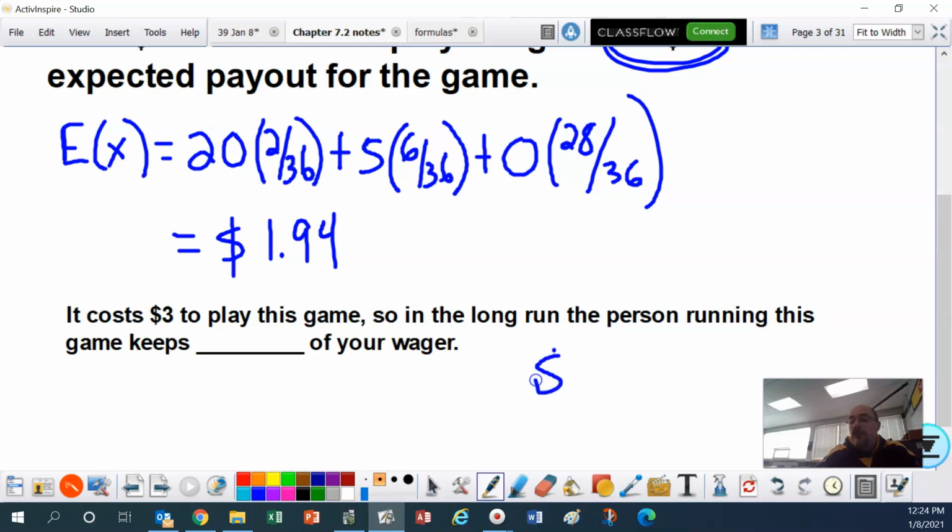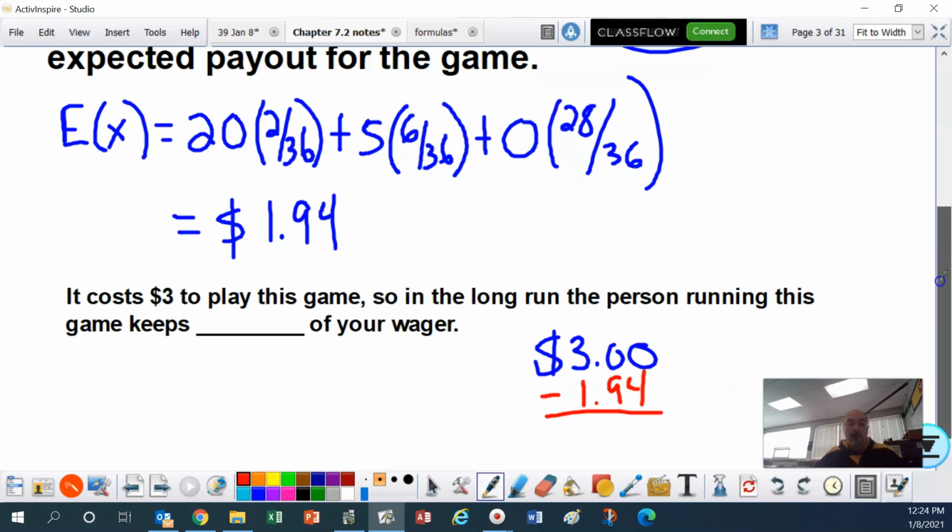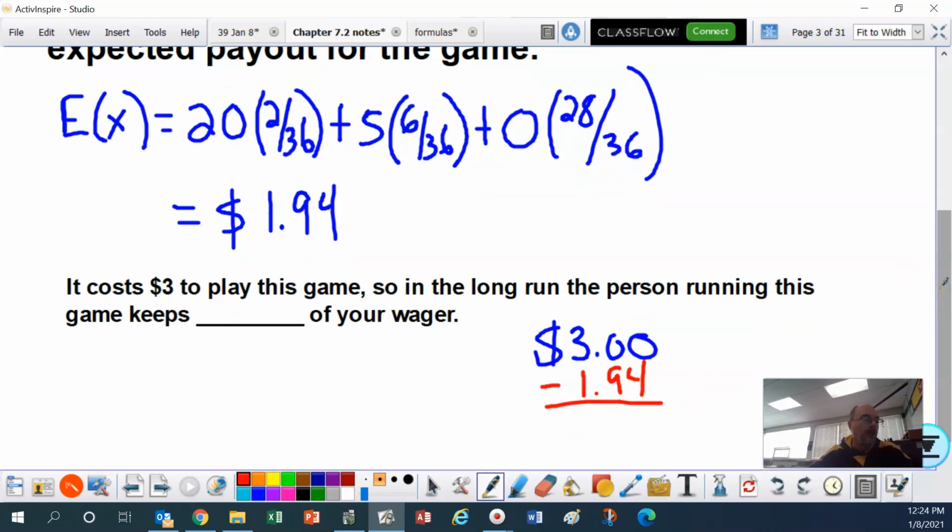So, if it costs $3, and for every $3 that is played, they expect to pay out $1.94. Okay, well, how much does that leave? That leaves $1.06. Okay, I think I did my math correct there, right?